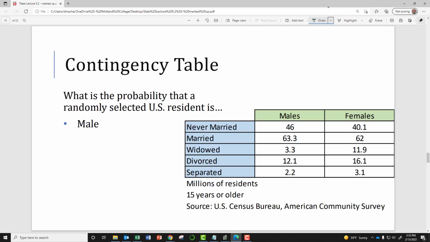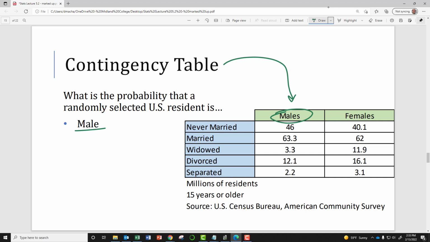Okay, in this slide we have a contingency table. And our question for our contingency table is, what is the probability that a randomly selected U.S. resident is male? So here, this column is the column of all of my males.